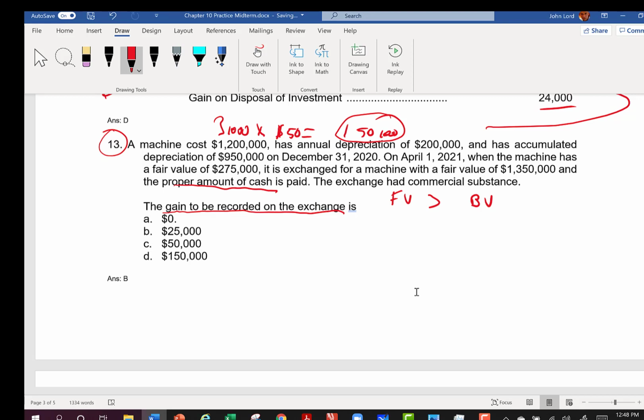Okay, so I'm looking at that and say, well, transaction has commercial substance. I know I'm going to take the gain here, and they tell me what is the gain. So I look at the fair value, and fair value is 275. Now here's where this question really makes me mad, because they, in effect, give me the information to figure out what the depreciation would be up to the date that they sell it, because they tell me the annual amount of depreciation is $200,000.